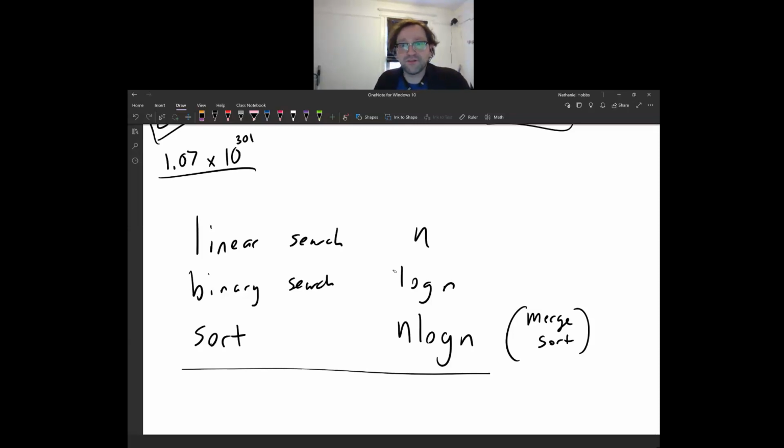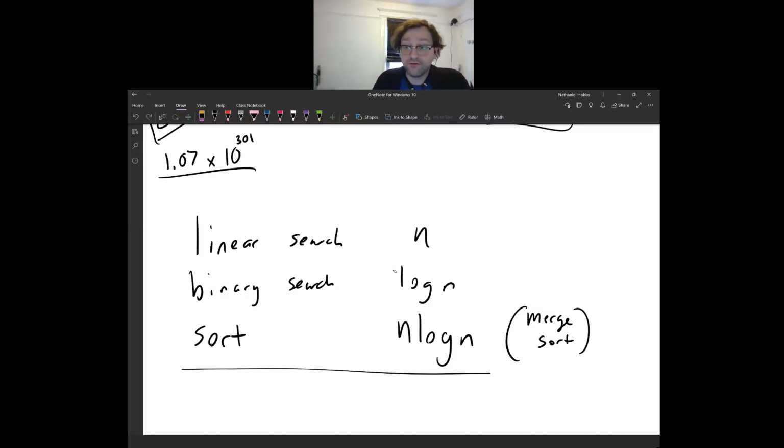That takes n log n time. Whatever, it takes time to sort. But after you've done that, now you have a sorted list, and so you can just use the binary search. So that would be the steps of the process if you're planning on searching a lot. If you get unsorted data, sort it, and then do the binary search.